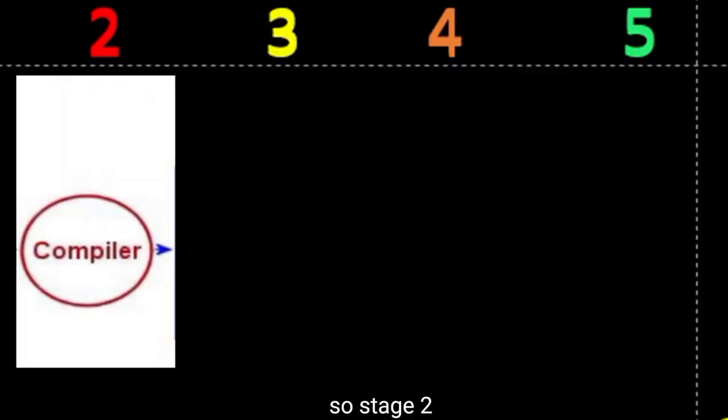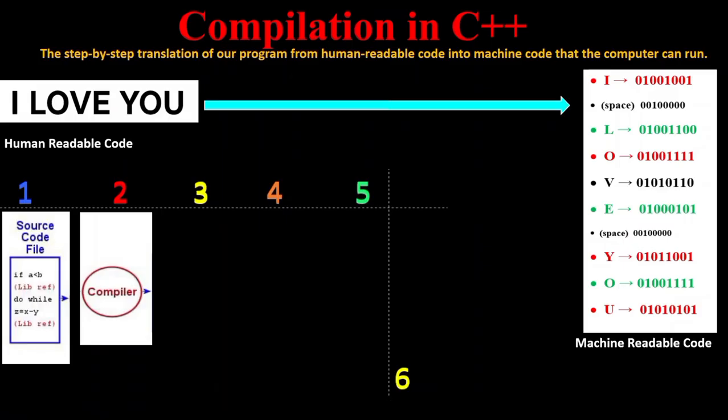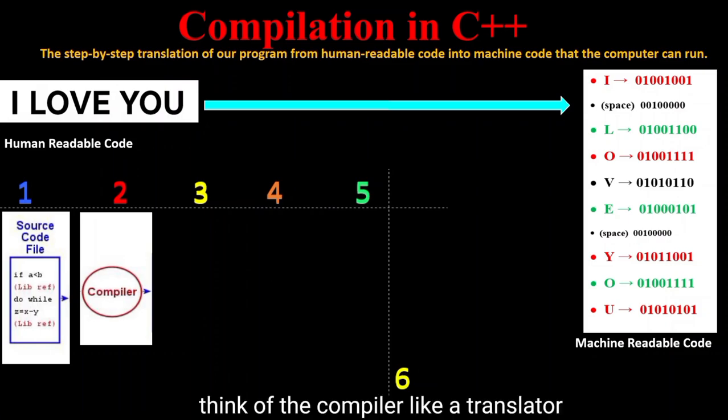So stage 2, it will compile our human readable language. Okay? So what really happened here is that the compiler's job is to translate our source code into a lower level form called the object file. Think of the compiler like a translator.